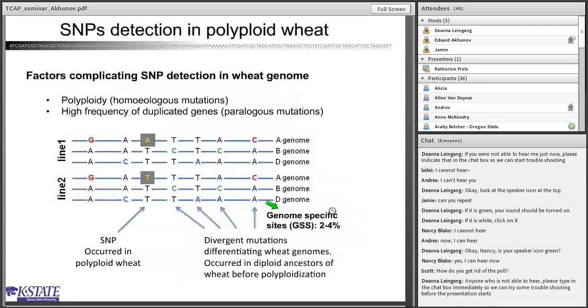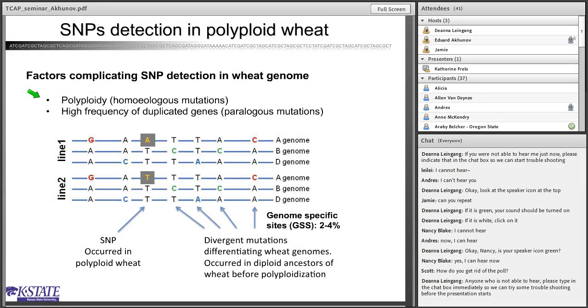So when you are thinking about SNP detection in polyploid system, of course you need to take into account the fact that it is polyploid and there is a high frequency of duplicated genes.